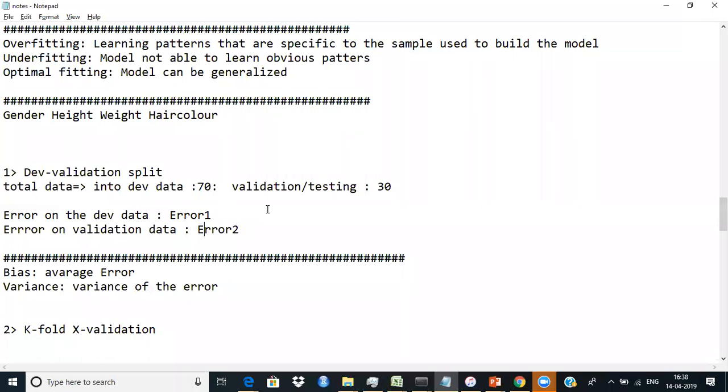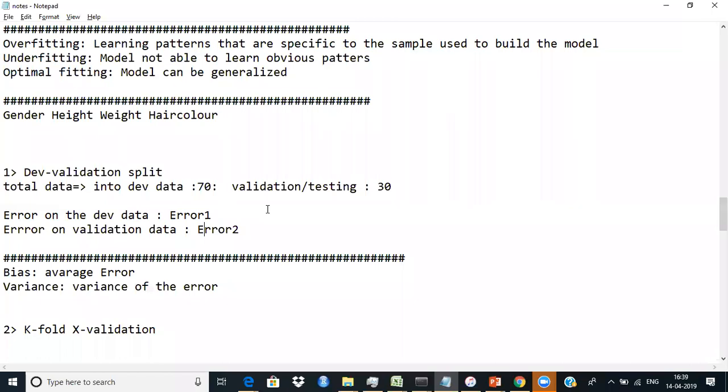Because in one case your error was 0, in the other case it was high, average still low, right? But the variance will be very high because the scores are very different. In the development data, your error is probably close to 0, whereas in the validation data, your error is high. The average value will still be low, but the standard deviation or the variance will be very high.